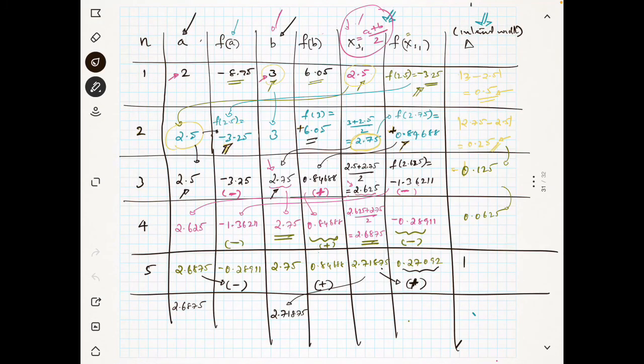Now f of 2.685, this is nothing but 0.28911, and this is nothing but 0.27092, f of x. Okay, now what is happening here?